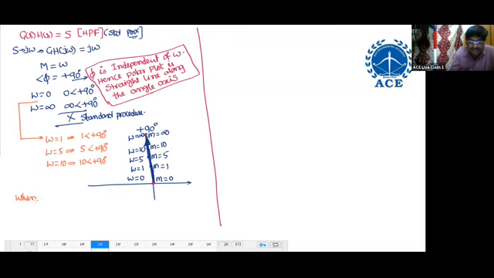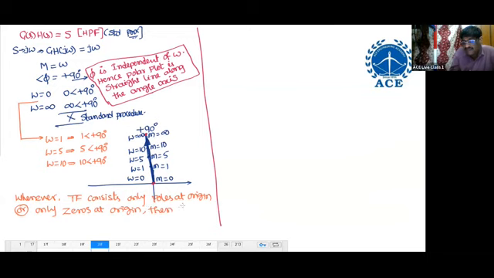Whenever the transfer function consists of only poles at the origin or only zeros at the origin, the polar plot is a straight line along the angle axis.